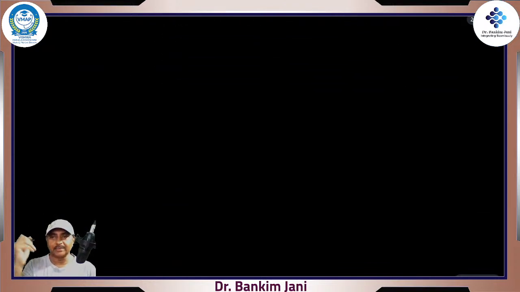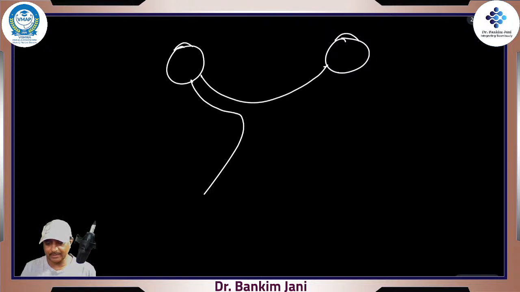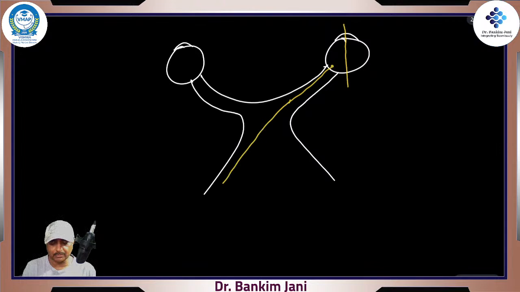The answer is extremely easy. This is the eyeball, a very schematic figure. It should be scientifically correct, not necessarily artistic. This is how the fibers would go. These are all medial fibers, and they will cross and go to the opposite side. The lateral fibers will go like this.